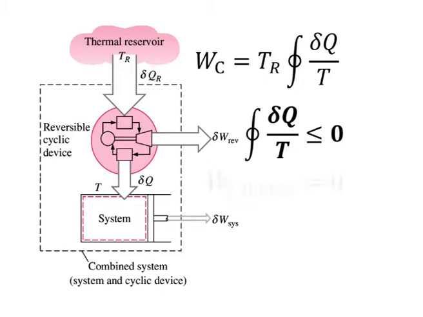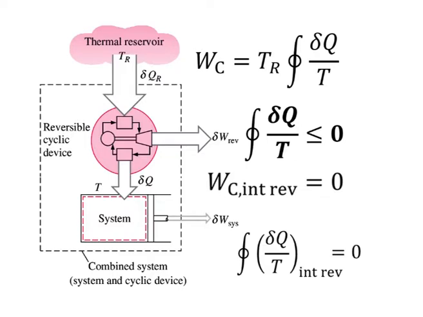Then it follows that W_C internally reversible is equal to 0, since it cannot be a positive or negative quantity, and therefore the cyclic integral of delta Q upon T internally reversible is equal to 0 for internally reversible cycles. Thus, we conclude that the equality in the Clausius inequality holds for totally or just internally reversible cycles, and the inequality for the irreversible ones.